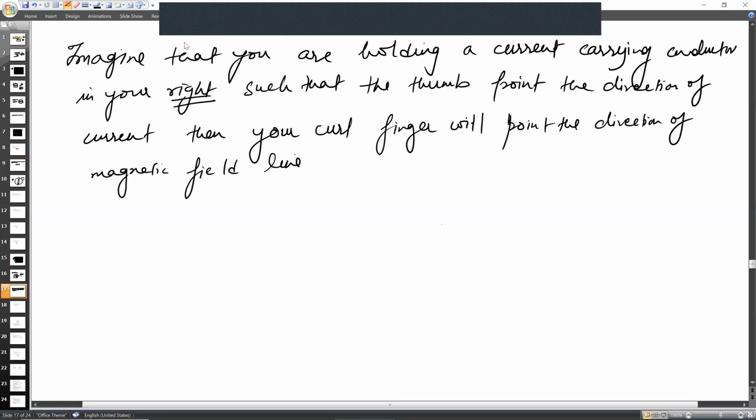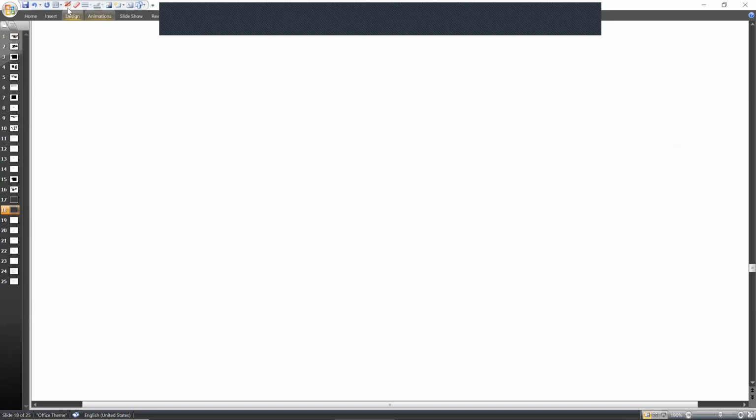Now, what type of numerical problem is being asked on this topic? Actually, first of all, the direction of current. Let me explain what the direction of current should be taken and when it is taken. The direction of current is arbitrarily chosen from positive terminal to negative terminal.